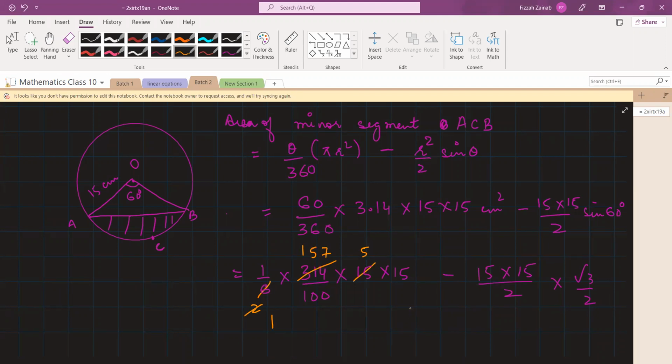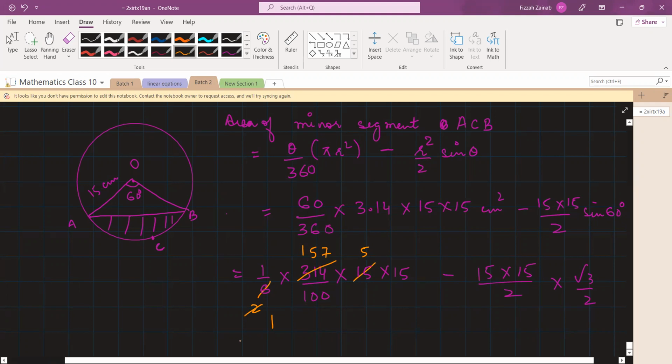I think let's not disturb this 100 in the denominator. Now here, I think I cannot cancel anything. So 157 into 5. 5 into 7 is 35. 3, 15 and 3 is 18.